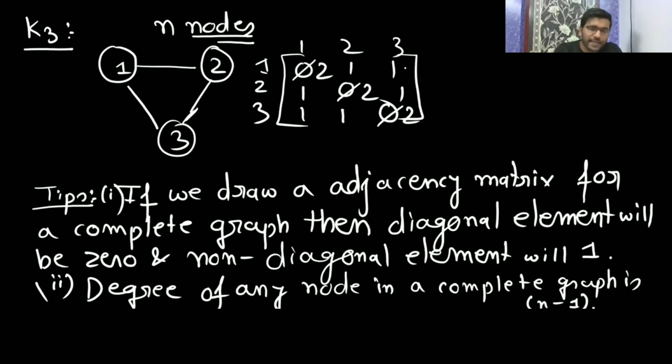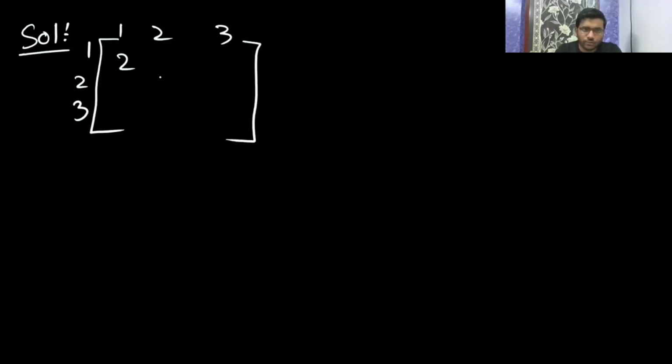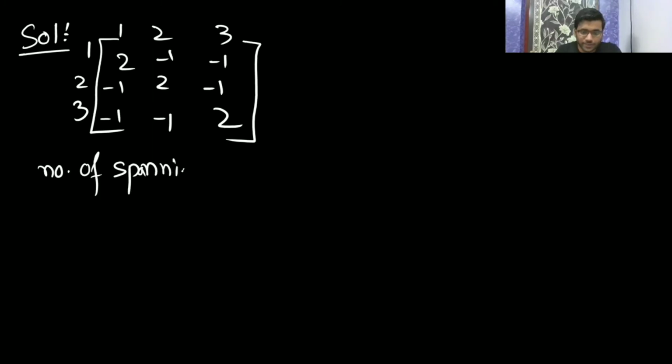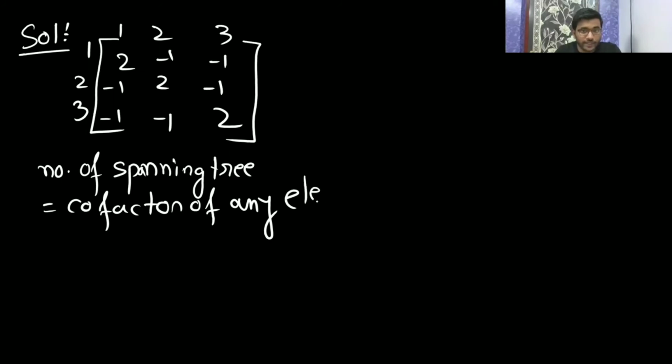So how will we apply this? Directly in the solution, we will write like this. We got 1 2 3 here, with degrees 2 2 2, and the off-diagonal entries are replaced by minus 1. Now the number of spanning trees is the cofactor of any element.